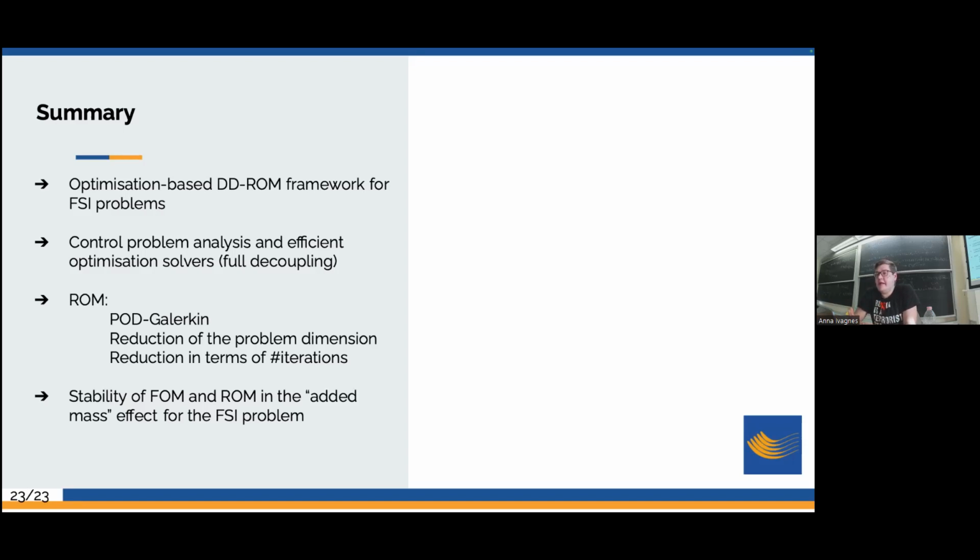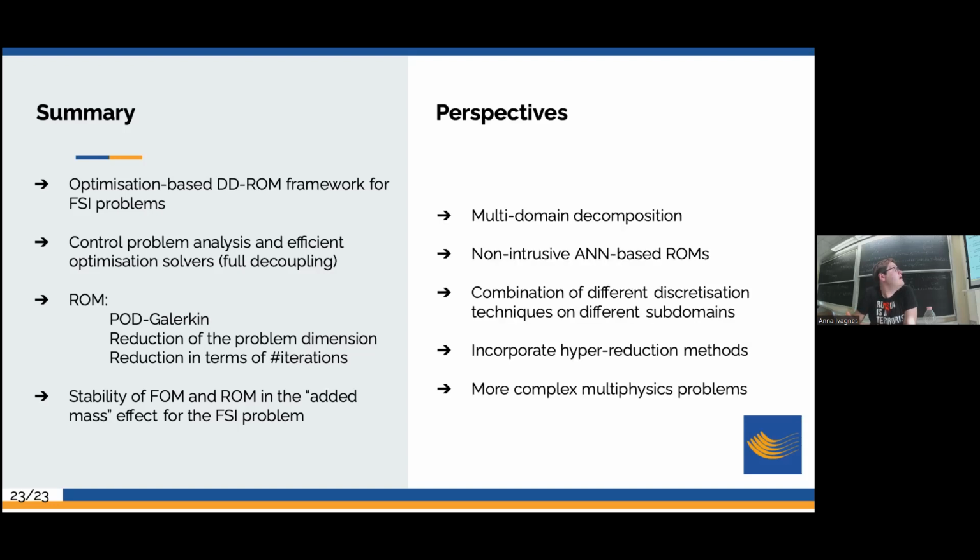And as evidenced by our numerical results, both FOM and ROM are stable under the added mass effect.